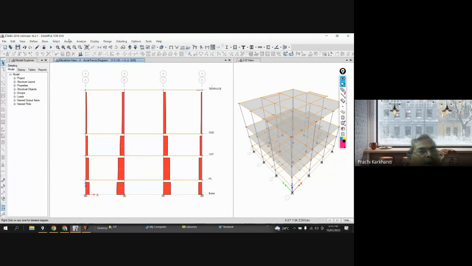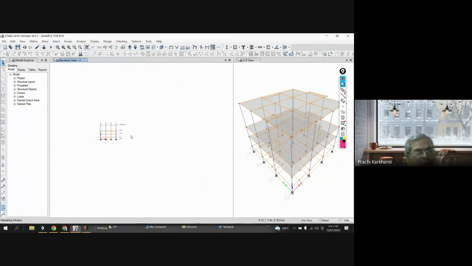Then let us go to assign, clear display of assign, and let me show you how the results for columns are shown. We'll draw the column. Let us say this is my column.